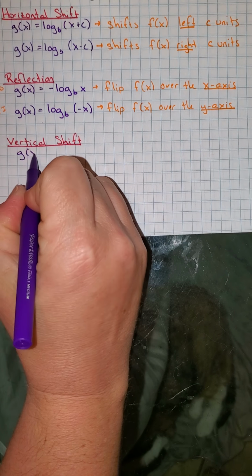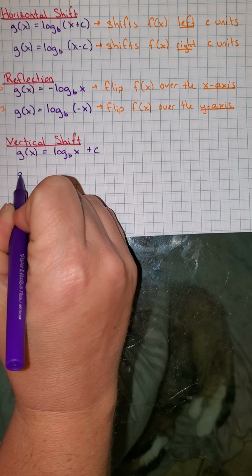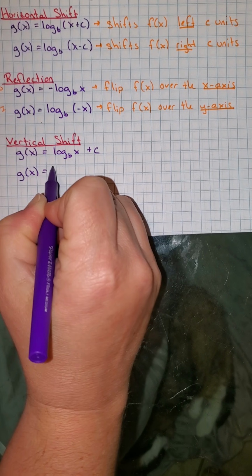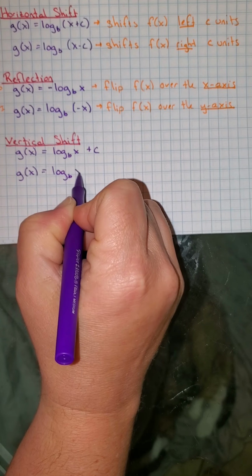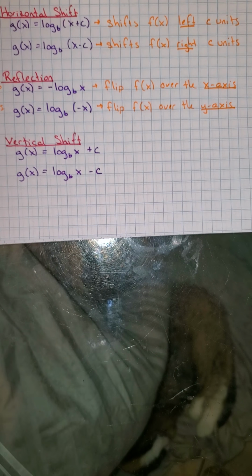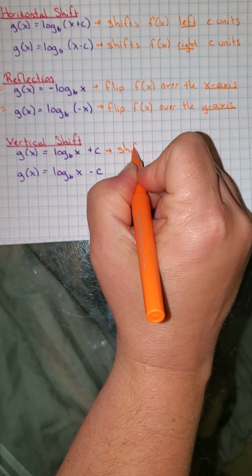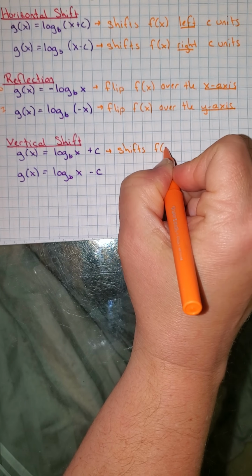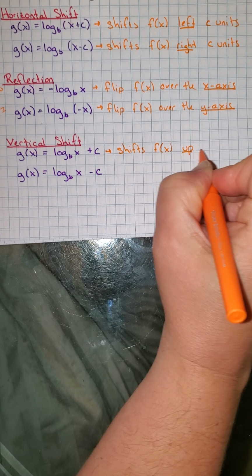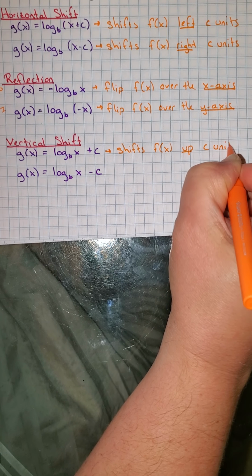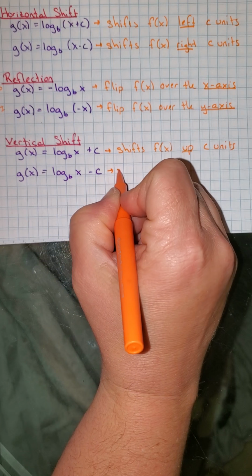So we have g of x equals log base b of x, and then the plus c on the outside, or g of x equals log base b of x with the minus c on the outside. So the plus will move it up, and the minus will move it down.